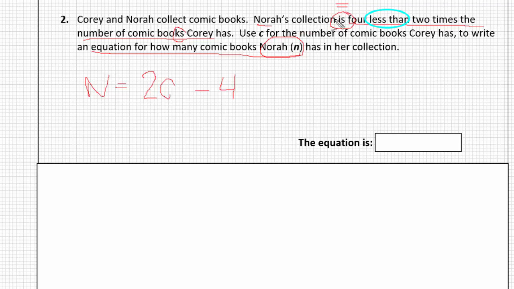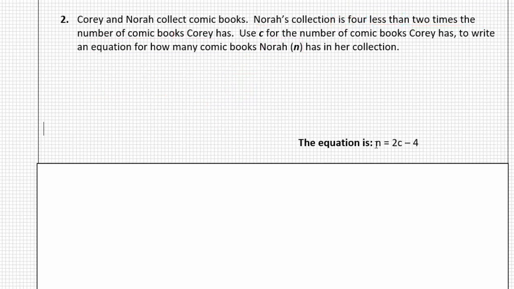So Nora's collection equals 4 less than 2 times the number of comic books Corey has. If I take 2 times the number, 2C, that doubles it, right? That's the 2 times. And here's that 4 less than. So I think we got the equation right here. We are going to go with that equation: Nora's collection is 2C minus 4.